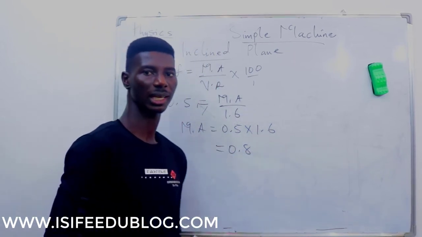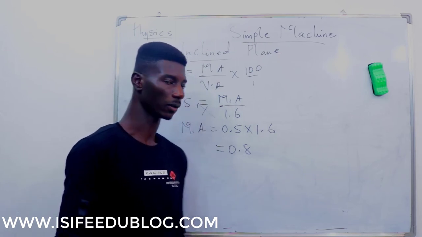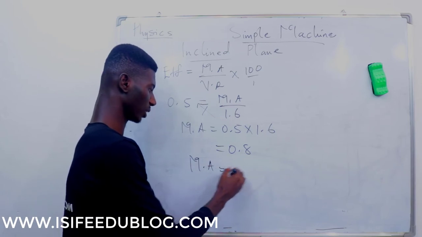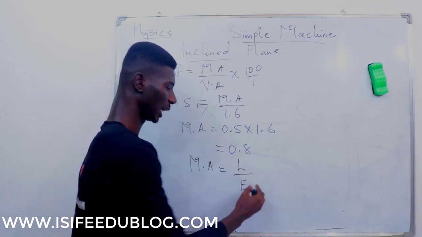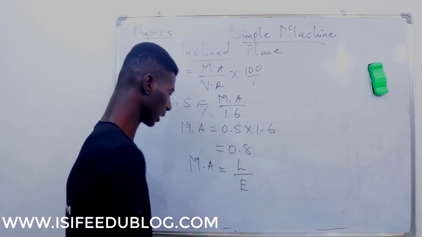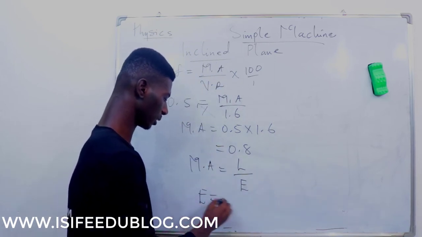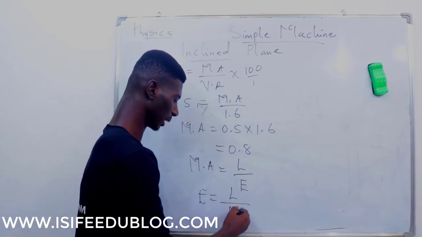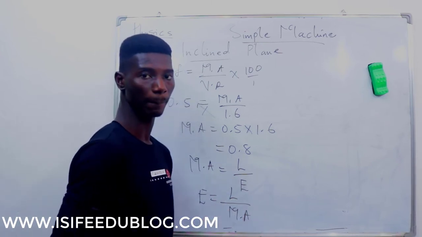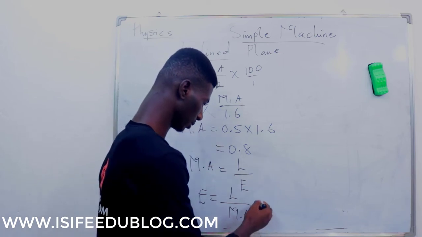Now, can we go and get our effort? Of course. Mechanical advantage, as we know, is equal to load over effort. So effort is equal to load divided by mechanical advantage.